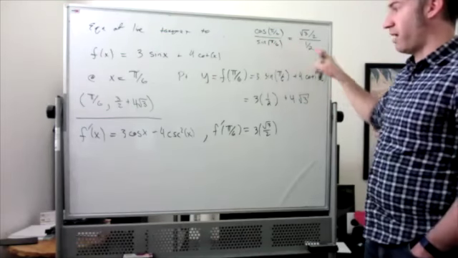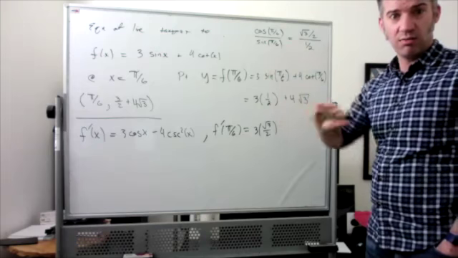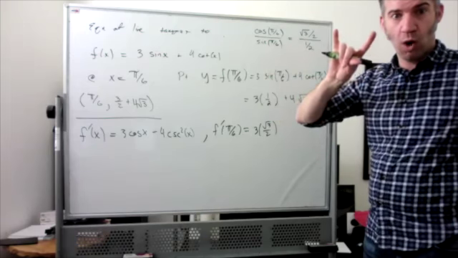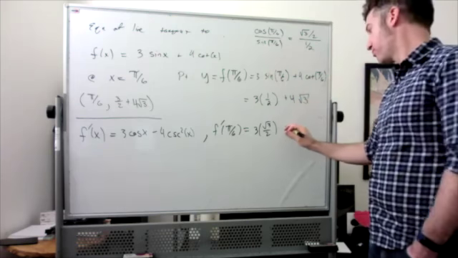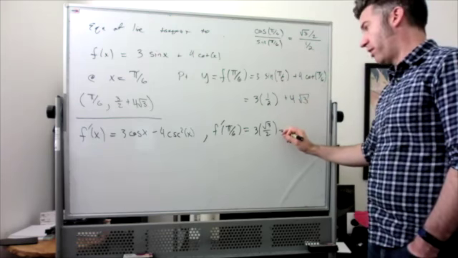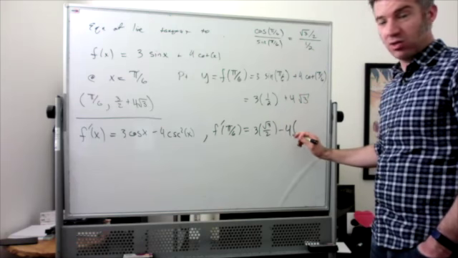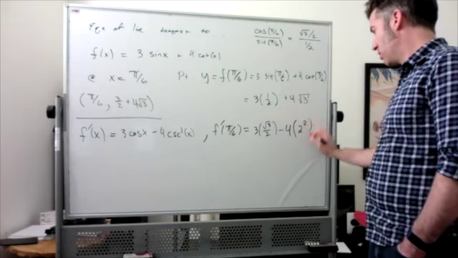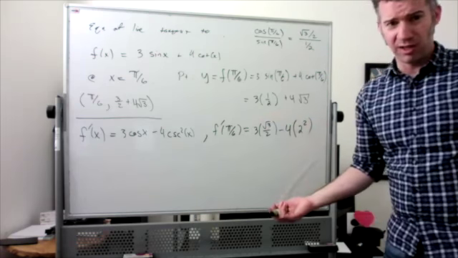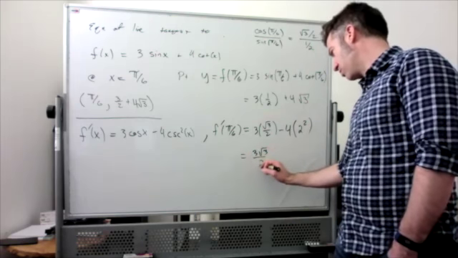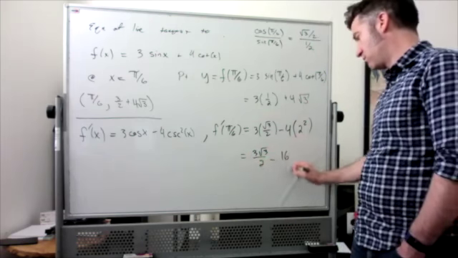If sine is 1/2, cosecant should be two. So I've got minus 4 times cosecant of pi over 6, which is 2 squared. So here's my equally lovely slope. It's 3 root 3 over 2 minus 4 times 4, which is 16.